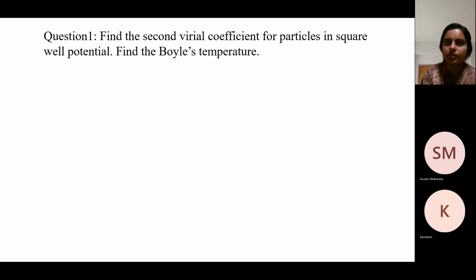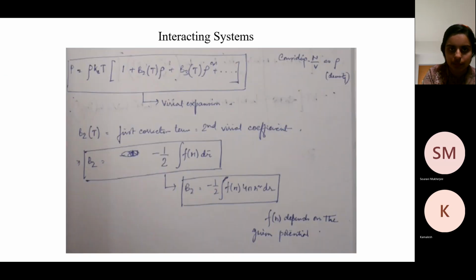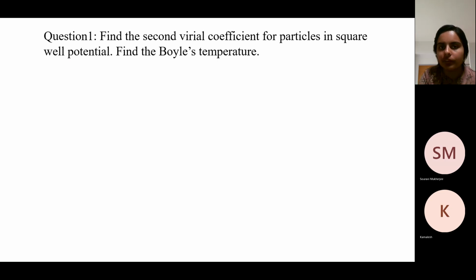If you look at this expansion, that means B2, the second virial coefficient, has to be 0 at Boyle's temperature. So first we'll find the virial coefficient, and then we'll see under what condition the second virial coefficient goes to 0.